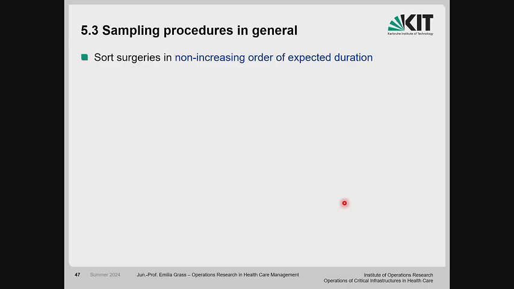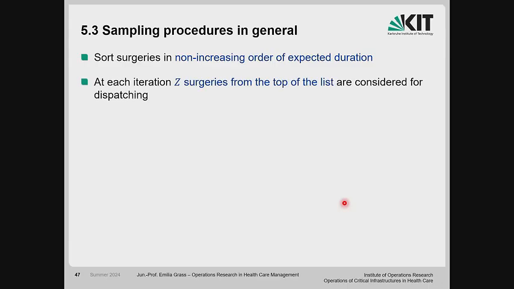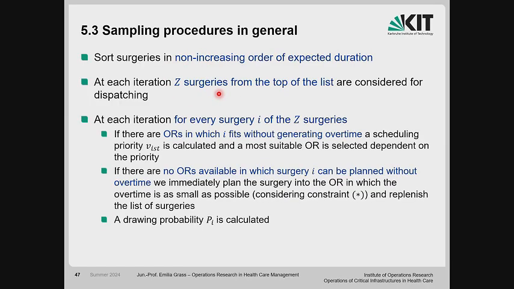Sort surgeries first in non-increasing order. Okay, this is the same as LPT. Then at each iteration, we take Z surgeries from the top of the list and consider whether we would like to dispatch them or not. At each iteration, do the following.